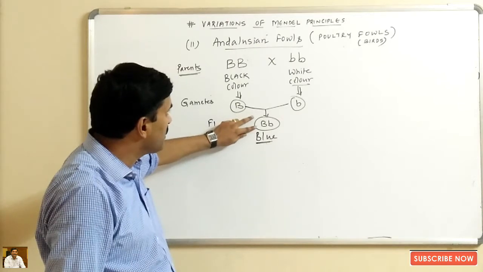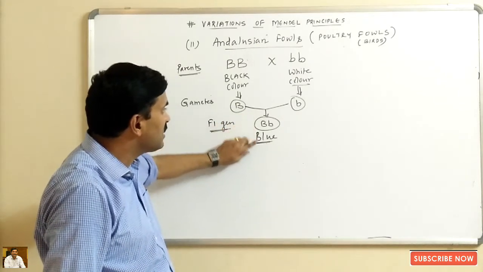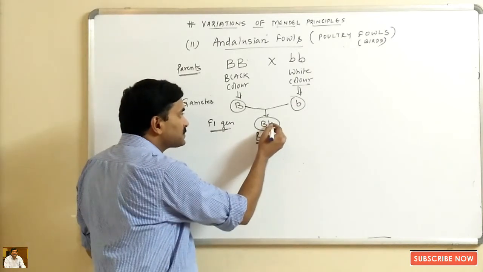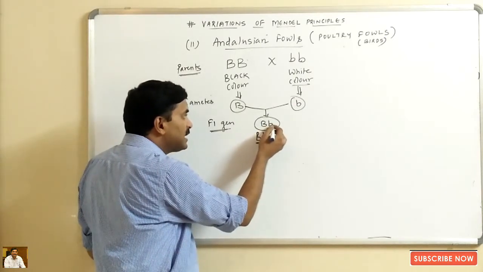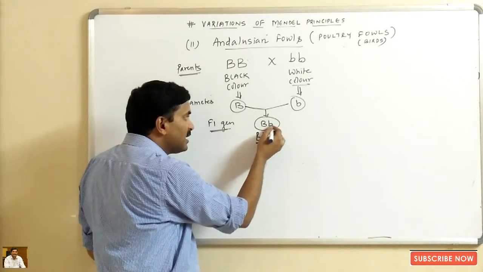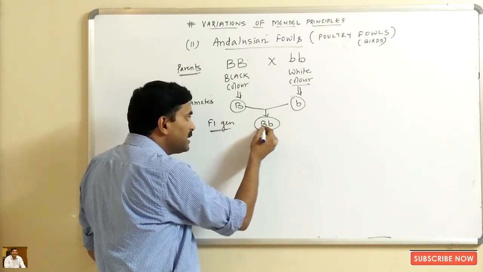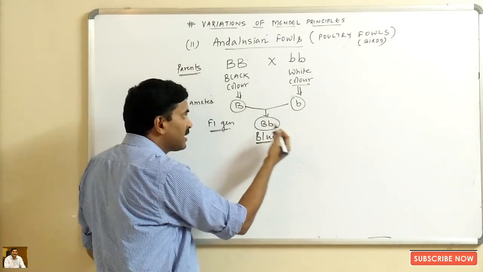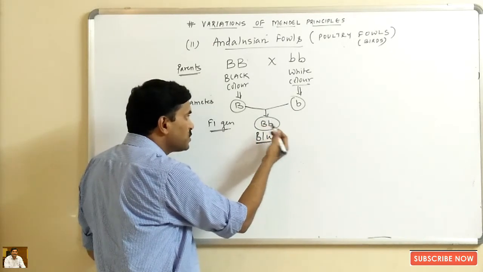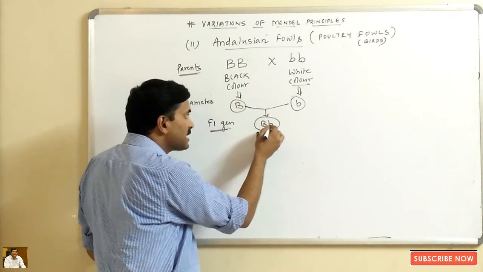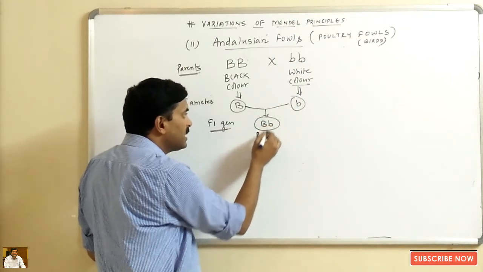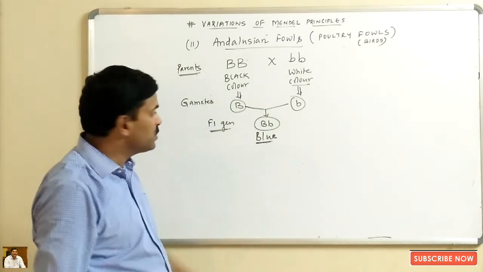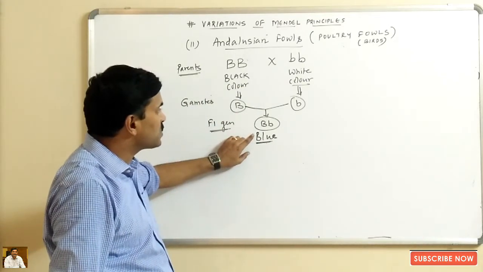It clearly indicates that the capital B allele is incompletely dominant over the small b allele. If capital B was completely dominant, the color would have been black, but the black color is not produced because capital B is incompletely dominant over small b. Therefore an intermediate color of black and white was produced.